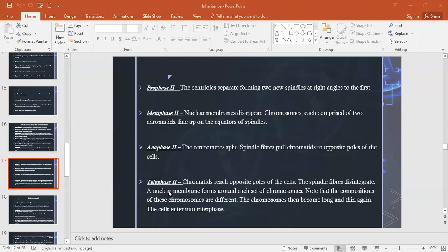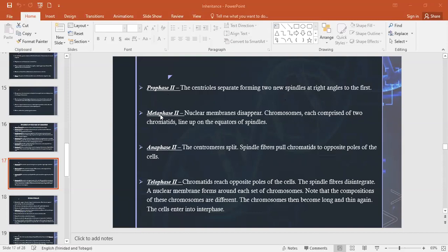Because now we wanted to divide to get the number of chromosomes that we want. So we have prophase 2, where centrioles will separate and they will form 2 new spindles at right angles to the first. All right, so right angles to each other, facing each other. So this would be our prophase 2. See how it's different to prophase 1?